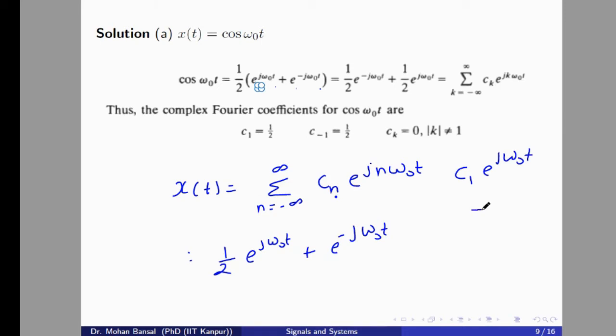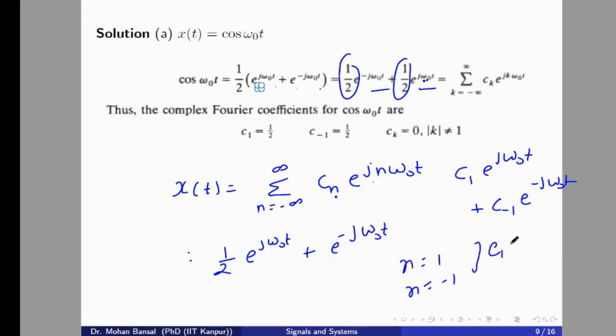If we substitute n equal to minus 1, we get c minus 1 e to the power minus j omega naught t. Only these two terms are present in this expression. So if we compare, for n equal to 1 we have c1, that is 1 divided by 2. For n equal to minus 1, we have c minus 1, that is 1 divided by 2. So c1 equals c minus 1, equal to 1 divided by 2, and for other values of n, which are not equal to 1 or minus 1, the coefficient is 0.